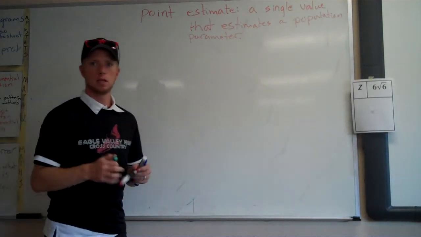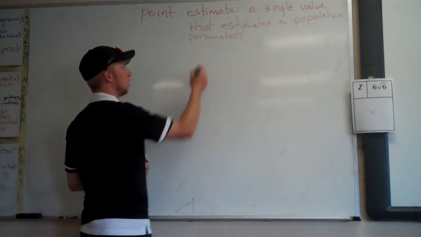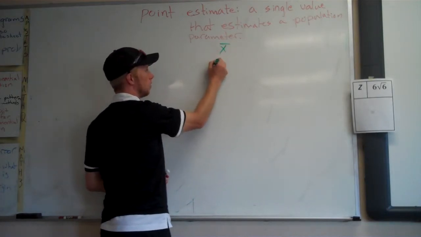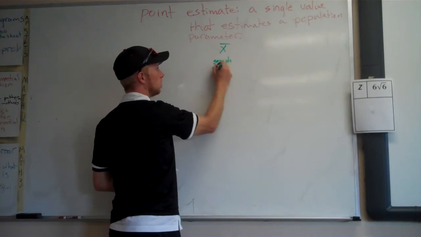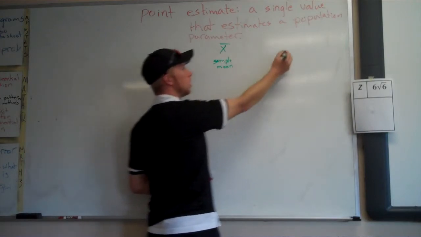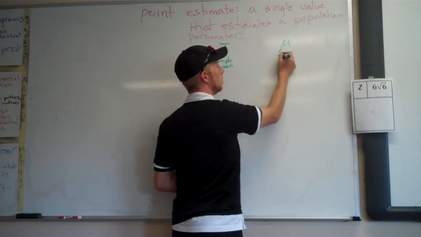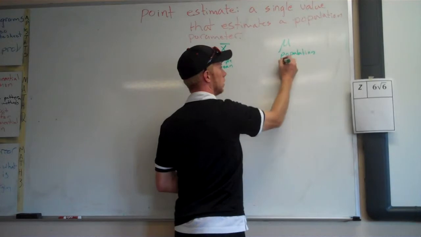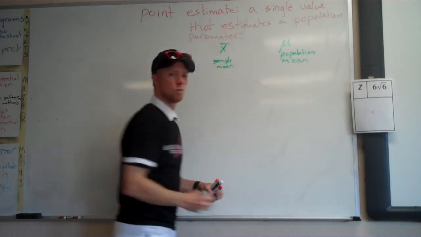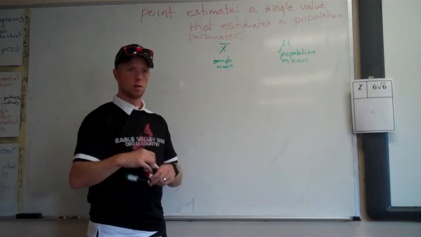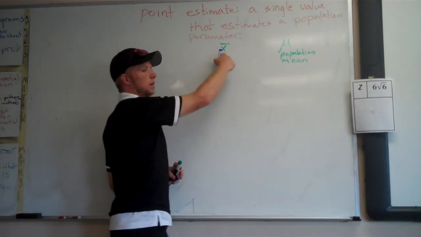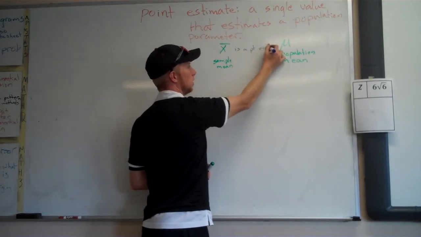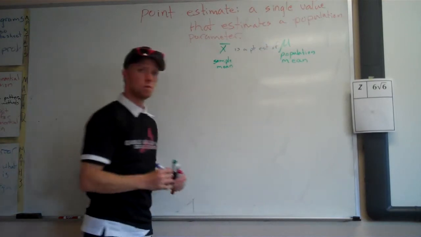And you already know some of these. You know that X bar is the sample mean, right? And you know that mu is our population mean. Therefore, X bar is a point estimate of mu.